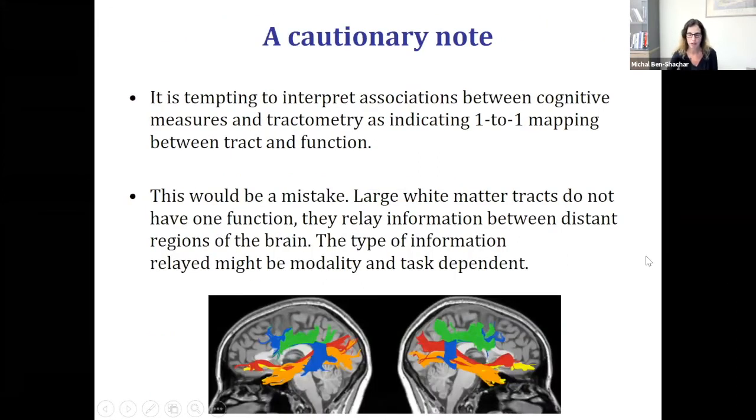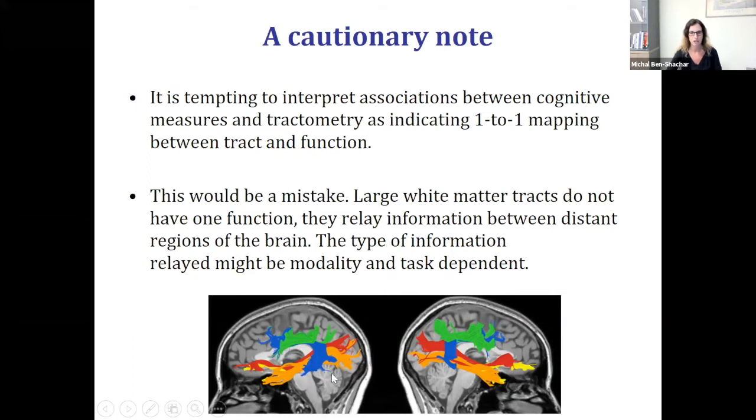And before I move on to the second story, which is going to be a shorter story, I want to give you a cautionary note. It's tempting to interpret these associations between cognitive measures and tractometry as indicating one-to-one mapping between a tract and a function. And I think this would be a mistake. These are very large white matter tracts, and they do not have a single function.